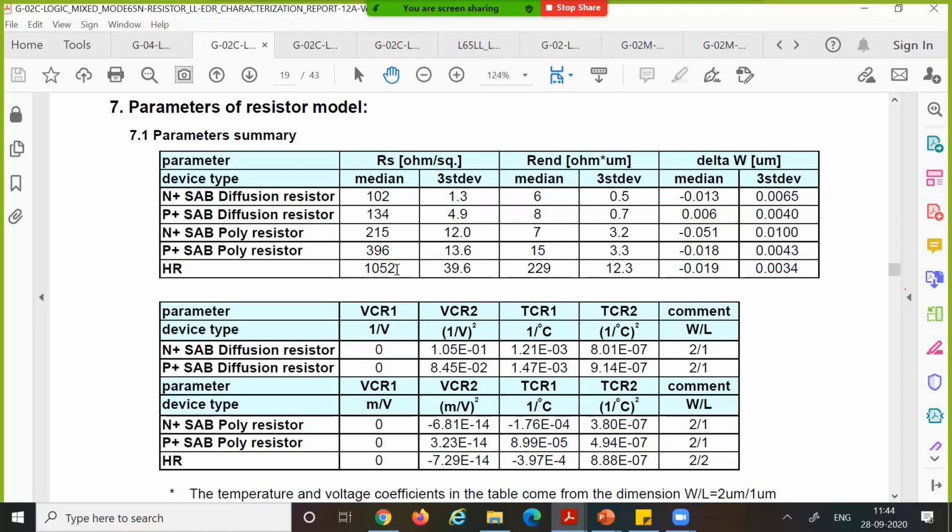So depending on the value you want, you can pick a diffusion resistor, a poly resistor or an HR resistor. For example, if you want a 10 kilo ohm resistor, you will obviously pick an HR. If you want some 20 ohm resistance, you will obviously pick a metal resistor. If you want something less than 1K or less than 5K, you can pick any one of these.